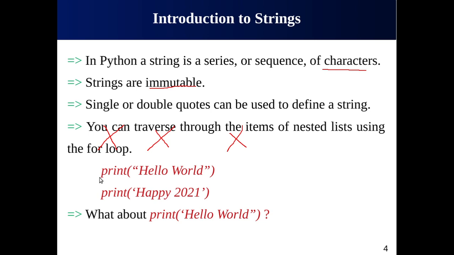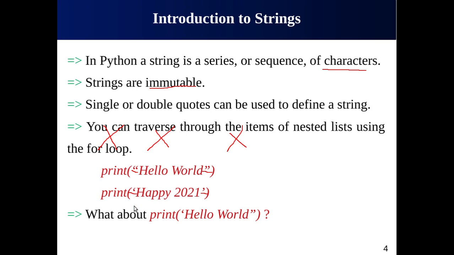So to define the start and ending of a string, we have to use single quotes like this or double quotes like this. In Python, it means that either single or double quotes can be used to define a string, and both of these are valid.